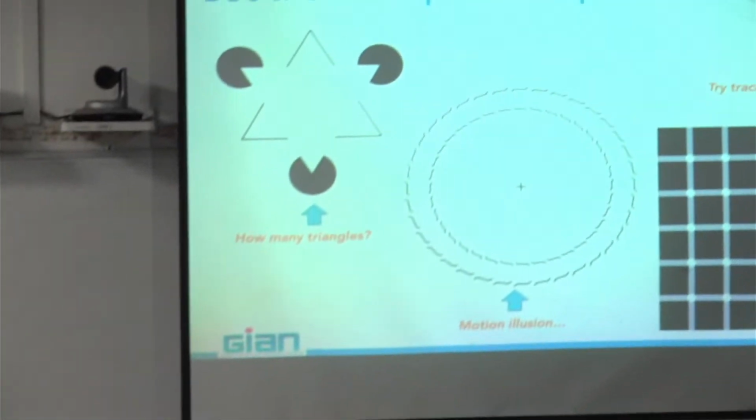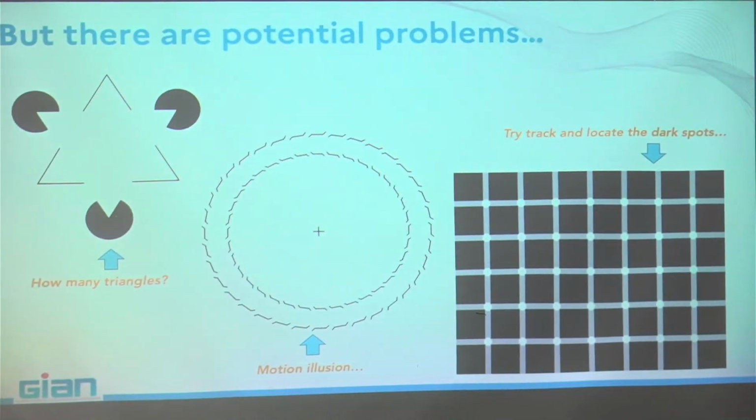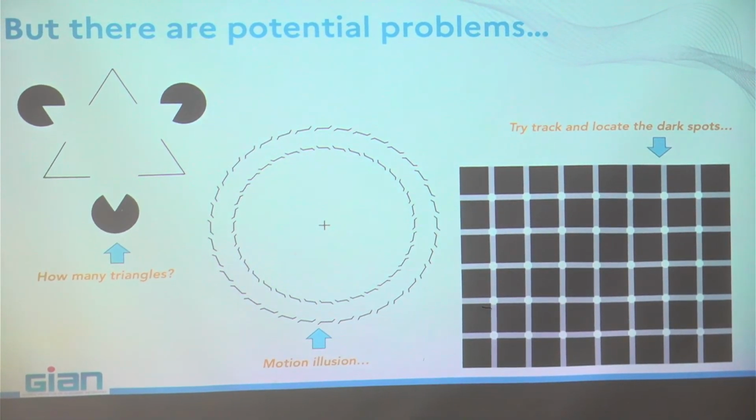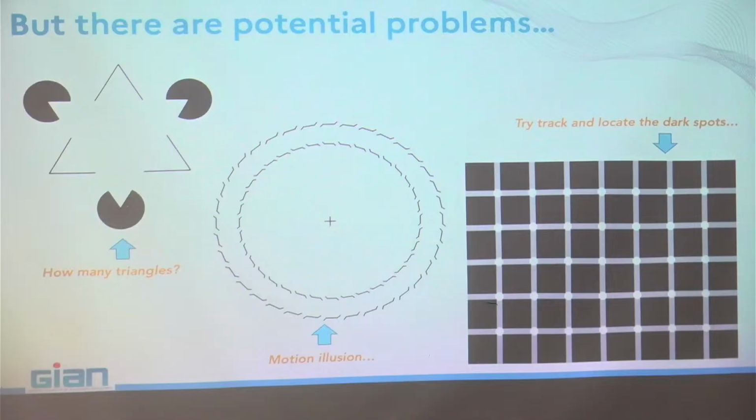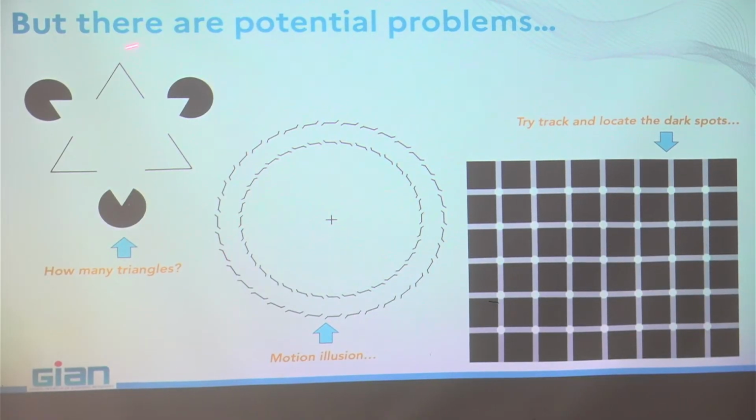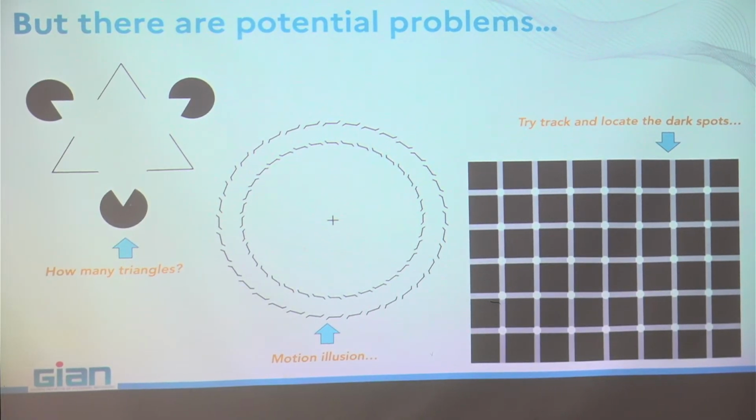I see one triangle here. As you said, this is a police officer. So except that here, you are completely wrong. You see just 3 angles and 3 Pac-Mans. But your brain sees triangles, like the black spots here or the motion here.